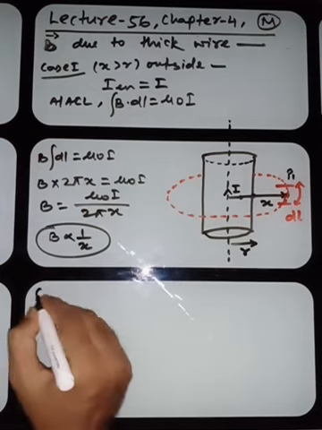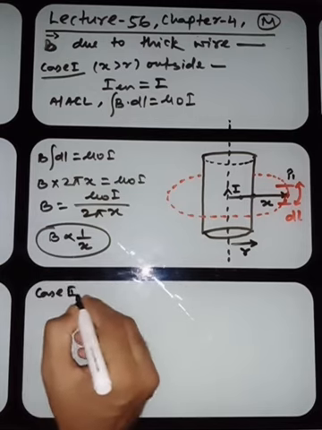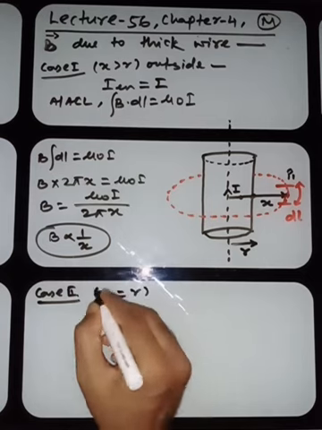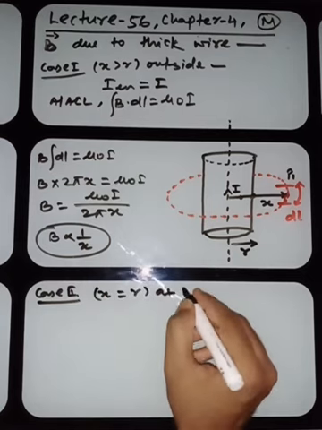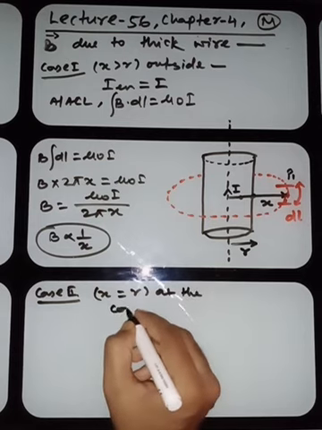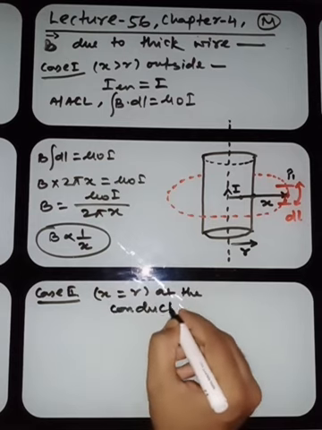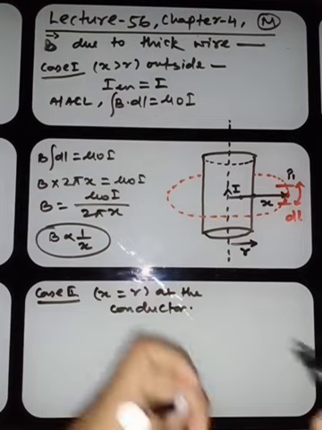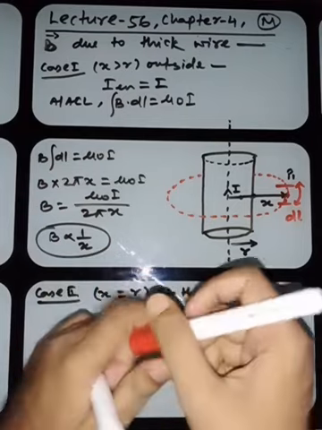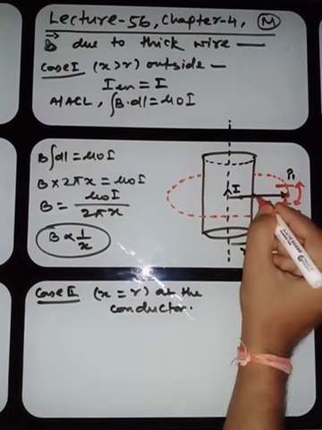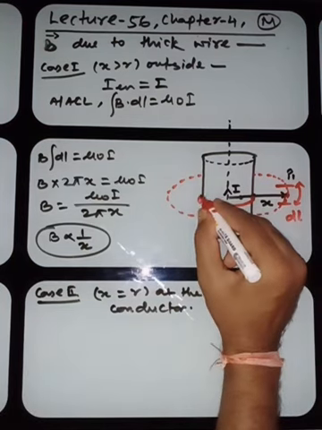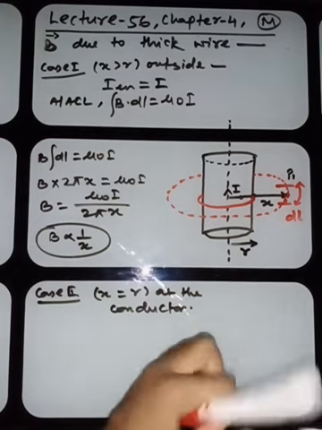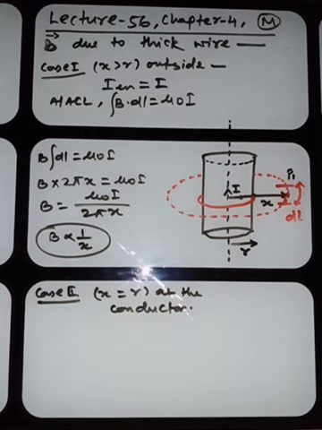All right. Case 2, when x is equal to r, at the conductor surface. At the conductor surface, my dear student, you have to make the Amperian loop approximately equal to the radius r. Nothing much you have to change.